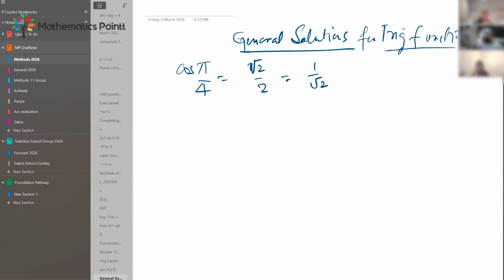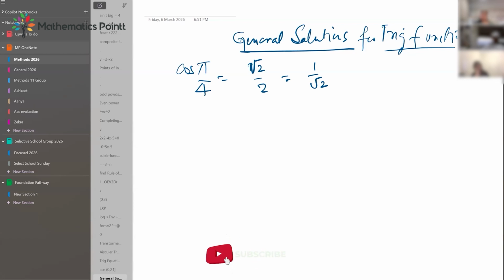Now, if I ask you to solve cos x equals 1 over root 2, so what is going to happen?